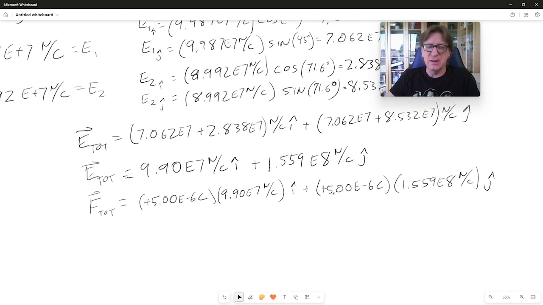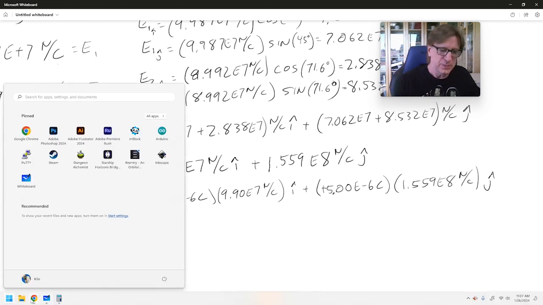And you see how I've done that. We know that F in general is QE. So here's my vector E. These are vectors. Q is a scalar, so I can multiply each component by Q. That's legal. So now we'll need to multiply out each piece. We'll do that together on the calculator.